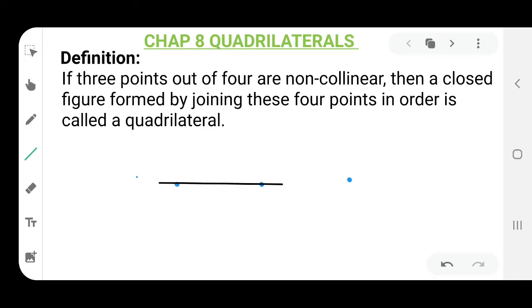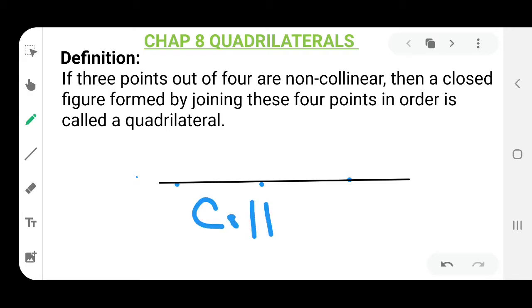A line passes through all these 3 points, even if the middle point is a little bit shifted. If a single line passes through these 3 points, then they are called collinear points.